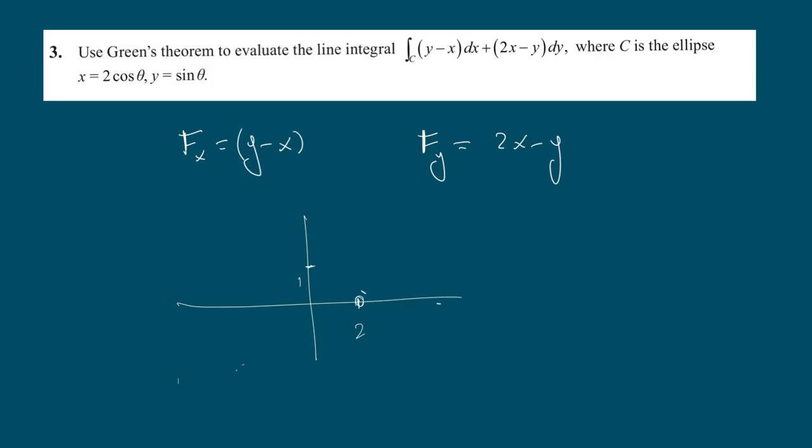When theta is pi, the cosine of pi is minus 1, so x will be minus 2 and y will be 0. When theta equals 3 pi divided by 2, x will be 0 and y will be sine of 3 pi divided by 2, which is minus 1. And this will form the ellipse. The region is the region inside. So we have to perform the line integral in this direction.